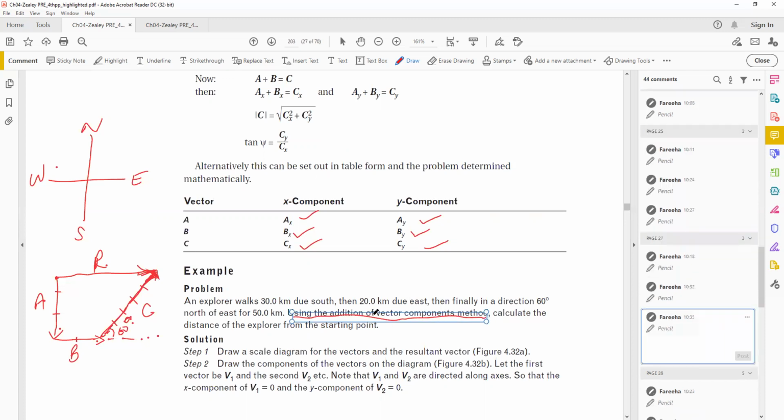That's why we're doing it. Also, the vector component method is more accurate, because when we are manually measuring, we always have an error, right? So if they don't give you any particular method, then you can use the graphical method. You can draw it on a graph paper and measure it with a ruler and then give your answer. Or I think this method is also quicker. I would prefer this method. Okay. But if they have in particular asked you to use a specific method, then you use that method.